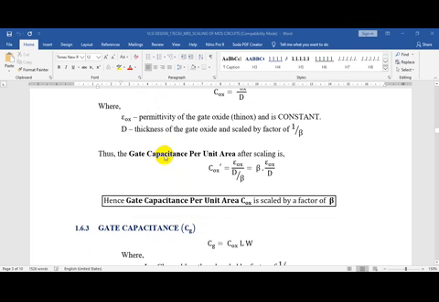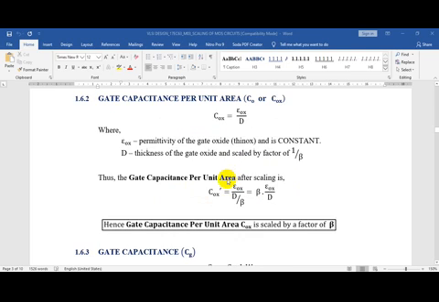Therefore, gate capacitance per unit area after scaling, Cox is equal to epsilon ox divided by D by beta, because your thickness is scaled by a factor of beta. So if you rearrange, it is beta times epsilon of ox divided by T. So the scaling factor is beta, hence gate capacitance per unit area is scaled by a factor of beta.